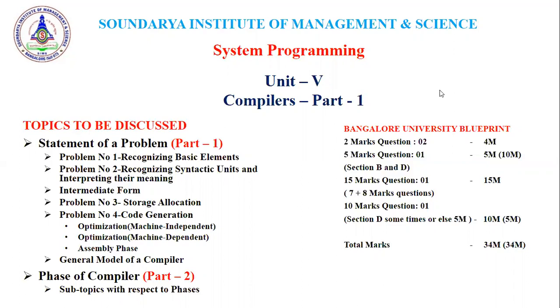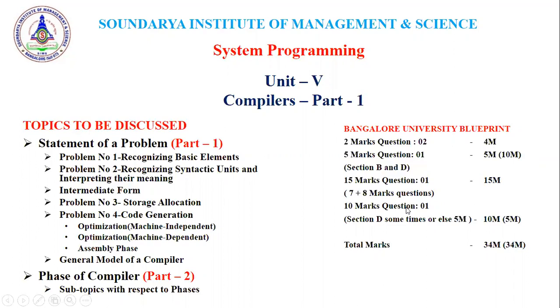According to the Bangalore University blueprint, 2 marks, 2 questions will be asked. 5 marks, one question will be asked in Part B, or sometimes two questions will be asked in Part B as well as in Part D. 15 marks, one question, divided into two parts: a 7 mark question and an 8 mark question, totally 15 marks.